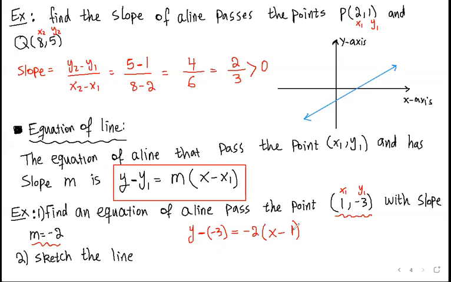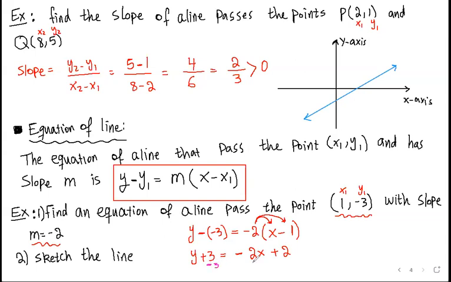Now we simplify this formula. So y plus 3 equals -2 times (x minus 1), which is -2x plus 2. Now we subtract the 3 from both sides to solve the equation for y.